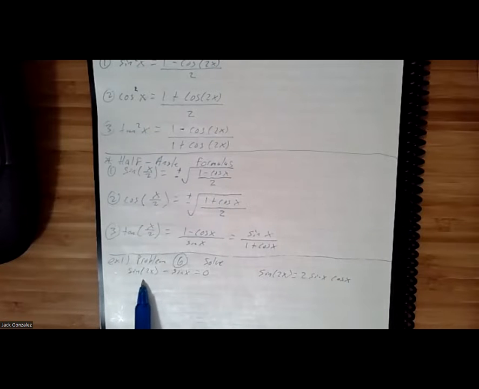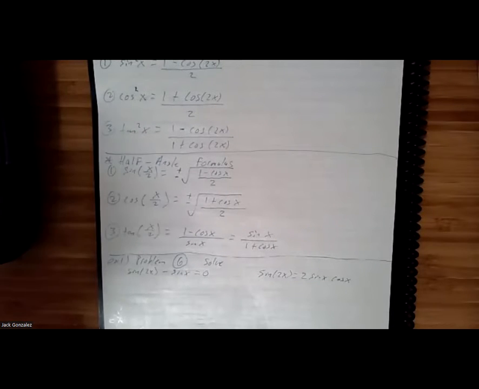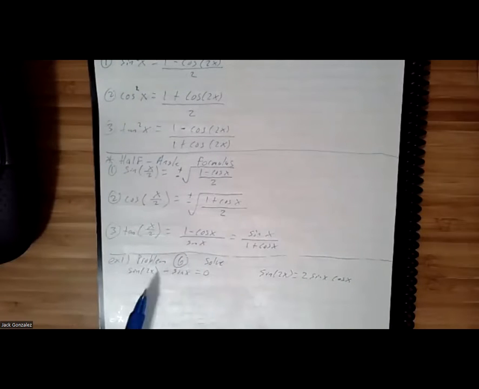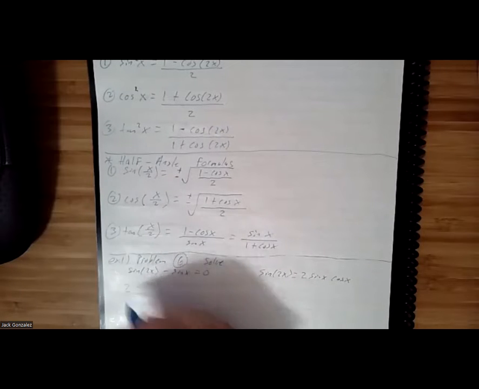Whenever you're trying to solve trig equations, you have to either isolate the trig function, which we did last time, or factor. Currently, we can't factor anything, because these are not the same. But once I change it into this, you will have a common factor.